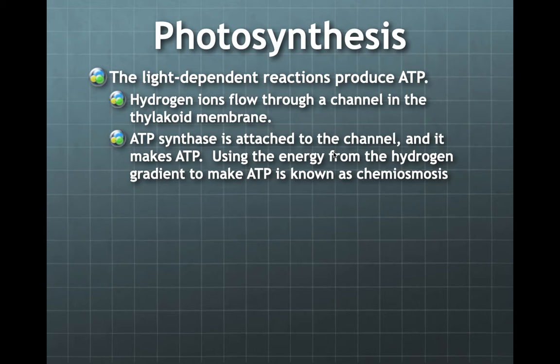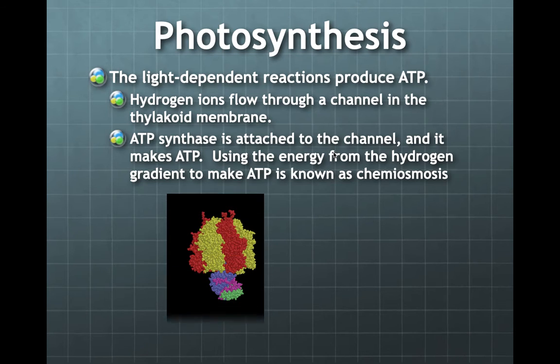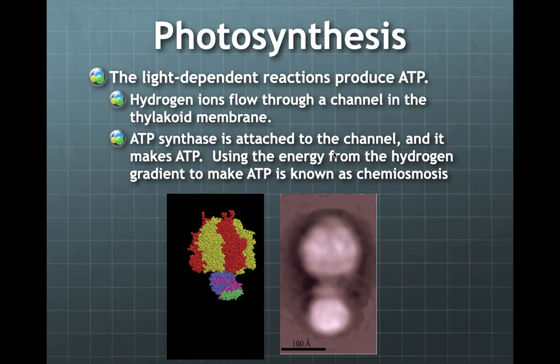We have this ATP synthase that attaches to the channel of this thylakoid membrane, and it makes ATP. Using energy from the hydrogen gradient to make ATP is what we call chemiosmosis. Now, chemi is to make a chemical, osmosis, movement of water. Remember, we broke down water to move the hydrogen ions. And this is a picture of the ATP synthase that we'll see after photosystem 1.